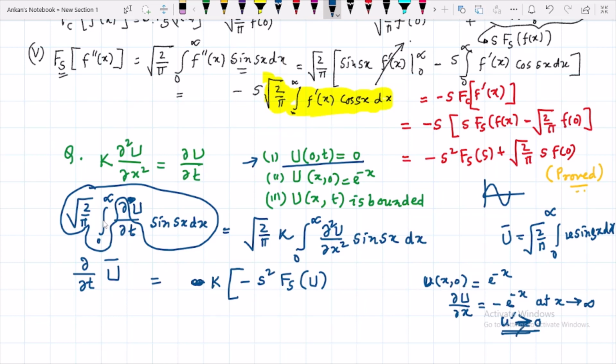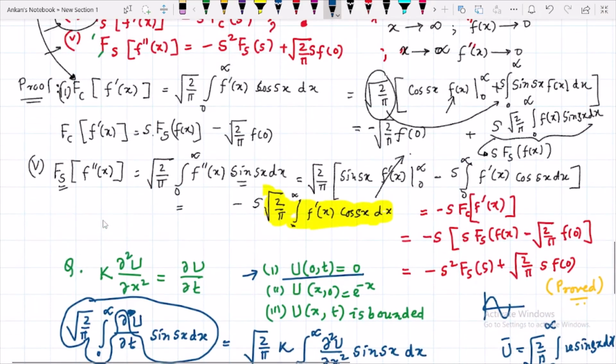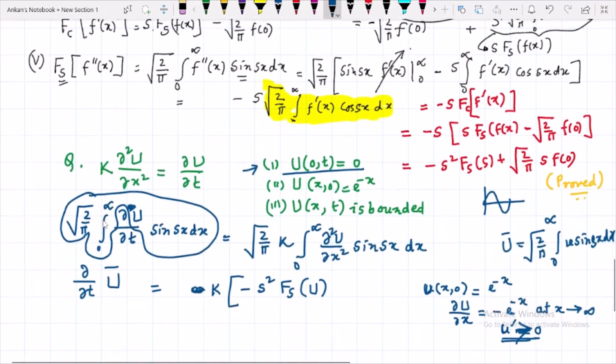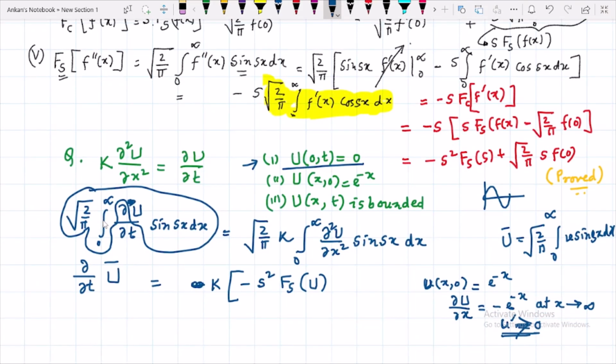So this is applicable to the condition, this condition is also satisfied, so we can easily apply this formula plus s u at 0, and u at x equal to 0, the functional value at x equal to 0 is 0, so here nothing but 0.